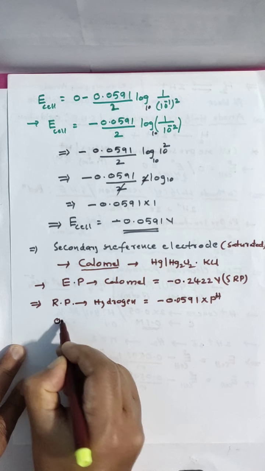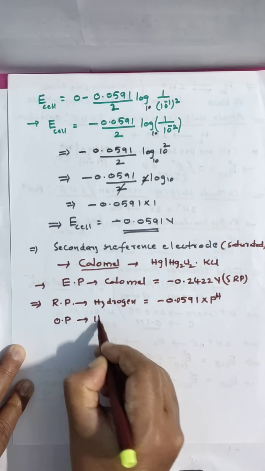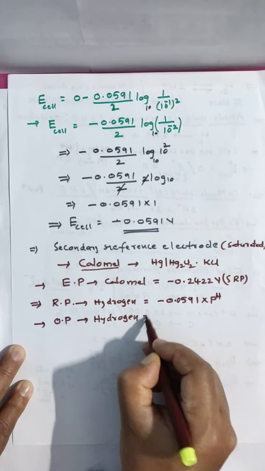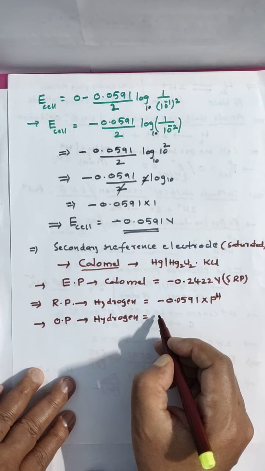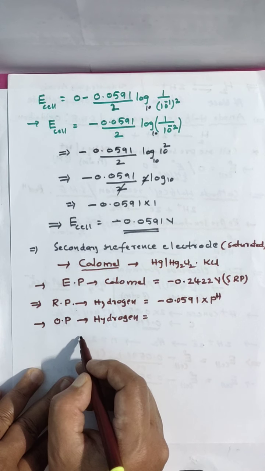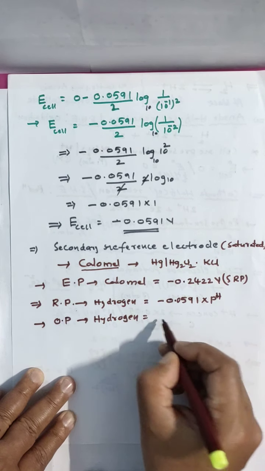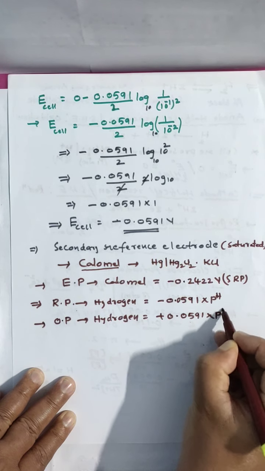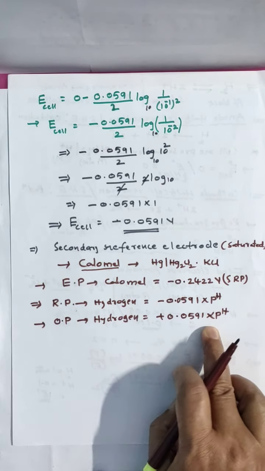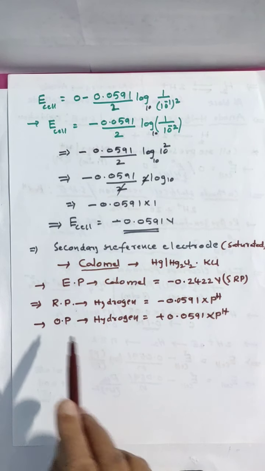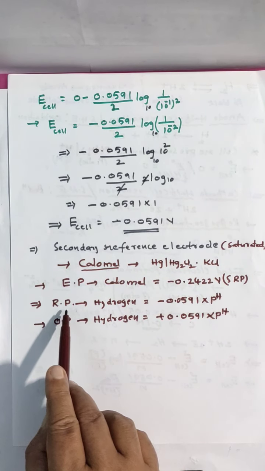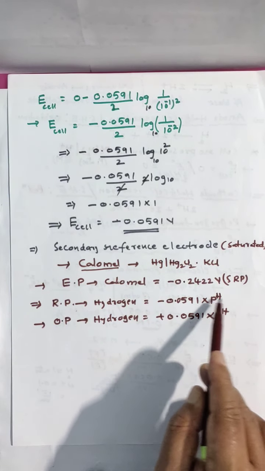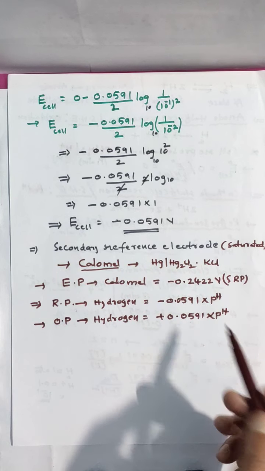And for the oxidation potential of hydrogen electrode, we have the formula plus 0.0591 into pH. If pH is given, use this formula. I told initially that the oxidative and reductive potential magnitudes are equal, but the sign is the difference. When pH is given, by using this formula you can go for calculation.